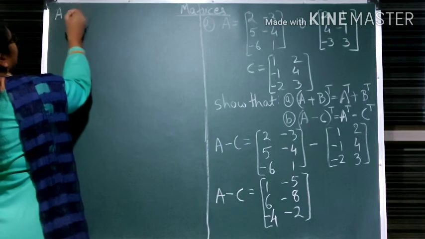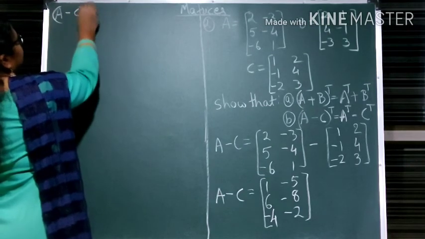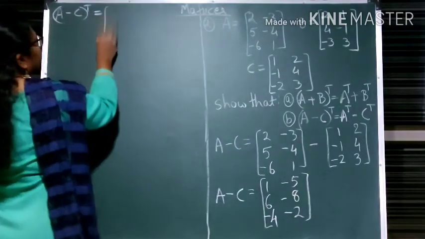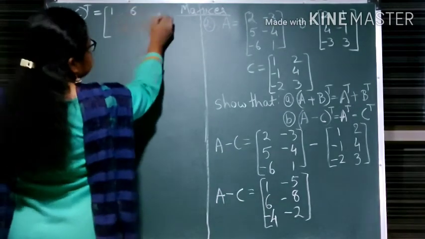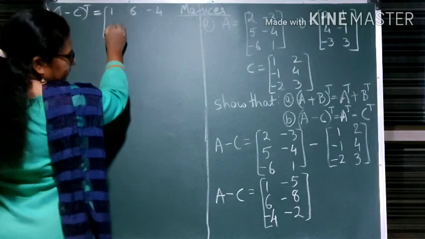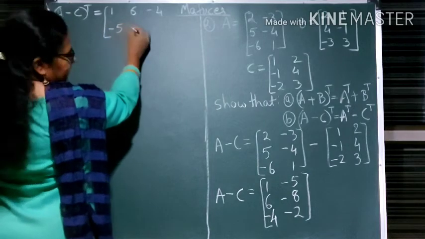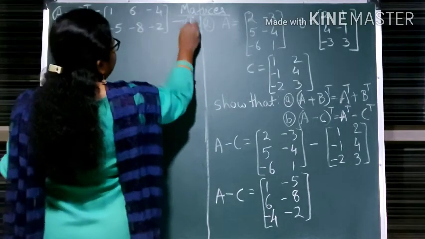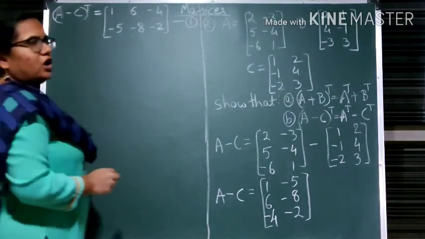So we will see what is A minus C transpose. It is equal to, change the rows and columns. So first column will become first row, that is 1, 6, minus 4, and second column will become second row, minus 5, minus 8, minus 2. So name this as equation 1, that is your LHS.